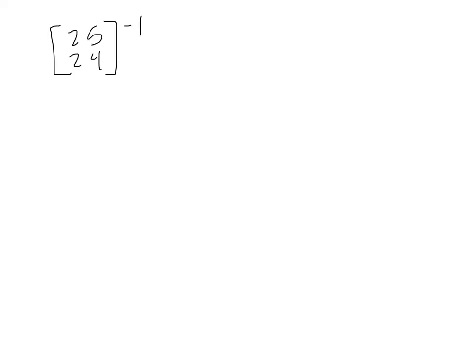So here's the first 2 by 2 matrix we're going to find the inverse of. Remember, to find the inverse, we need 1 over the determinant times the mixed up matrix, which flips these two and makes these two negative. So let's go ahead and start by finding the determinant.